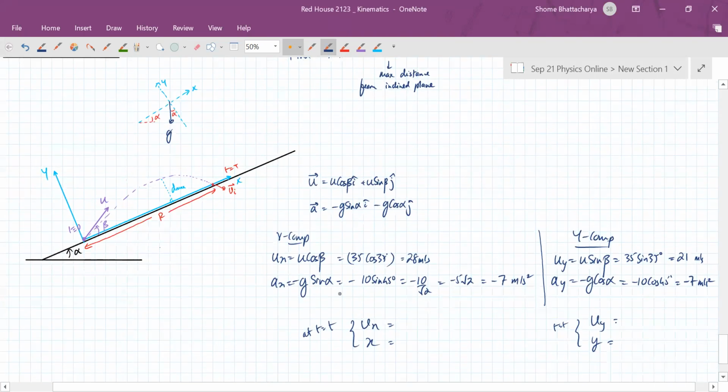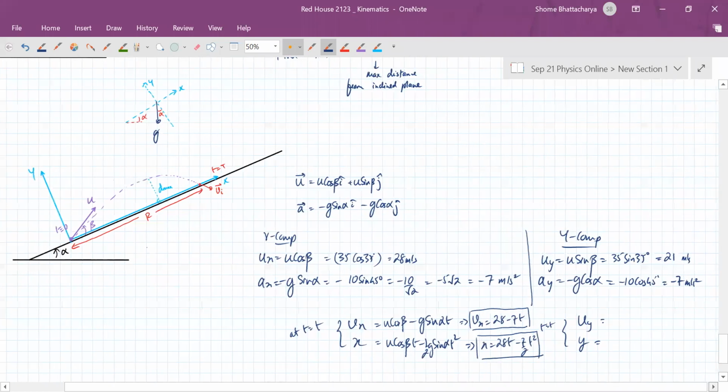Okay. So Vx as a function of time will become u cos beta minus g sin alpha t, which here as an equation will become 28 minus 7t. This is the x component of velocity, and therefore the x component of displacement will become u cos beta t minus half g sin alpha t square, which, as you can see, will become 28t minus 7 by 2 t square numerically.